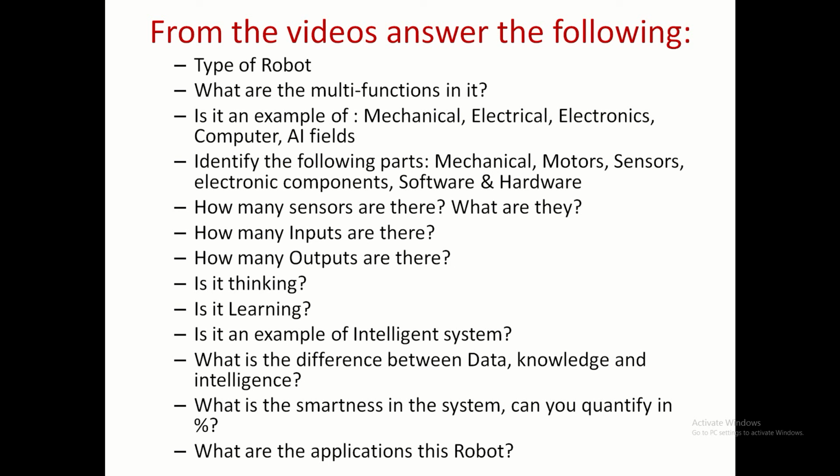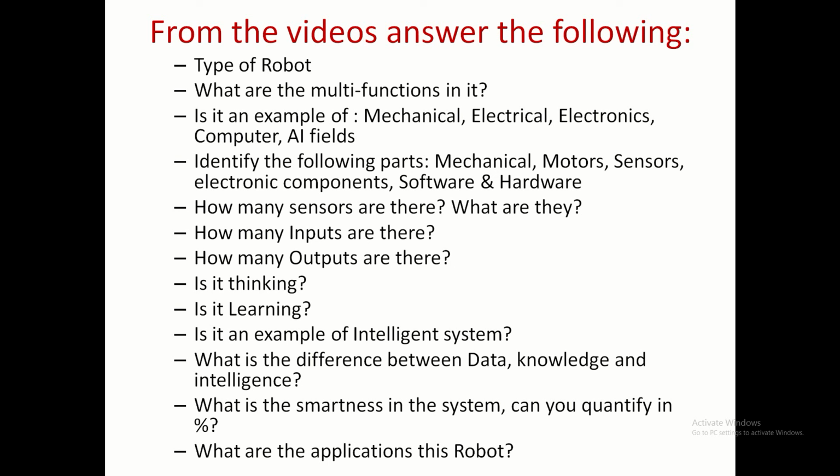Is it thinking? Does it have the ability to think? Does it have the ability to learn? Is it learning? Is it an intelligent system? Try to analyze what is that knowledge and intelligence. When do you say the system is having knowledge? When do you say the system is having intelligence?